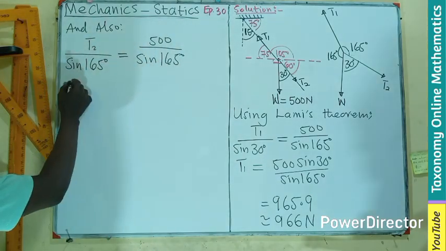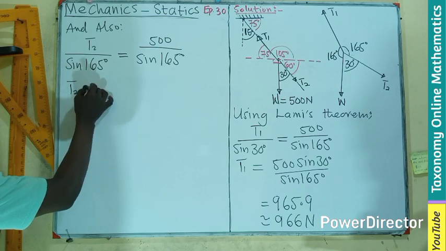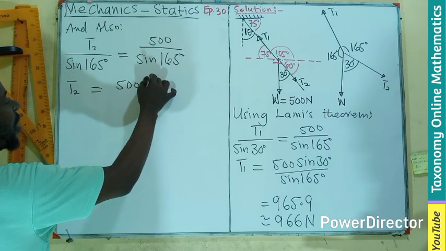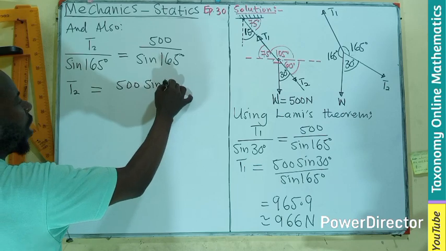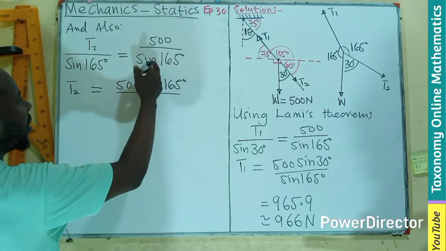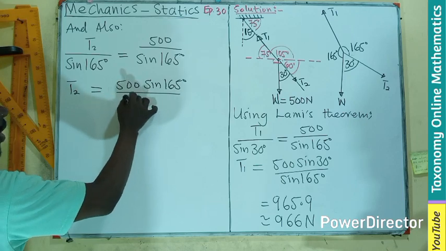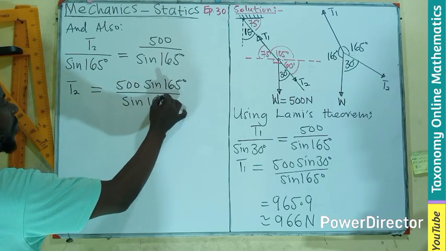Okay, let's cross multiply. Your T2 will be equals to 500 times the sine of 165 degree divided by sine 165 degree.